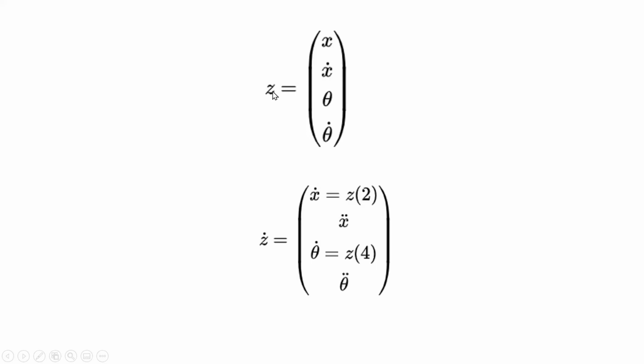So you come up with a column vector z: x, x dot, theta, theta dot, and then you take the derivative of that column vector to get x dot, x double dot, theta dot, and theta double dot. Well, these two terms we solved for symbolically previously. X dot and theta dot, well, we know from this column vector, they are Z of 2 and Z of 4.